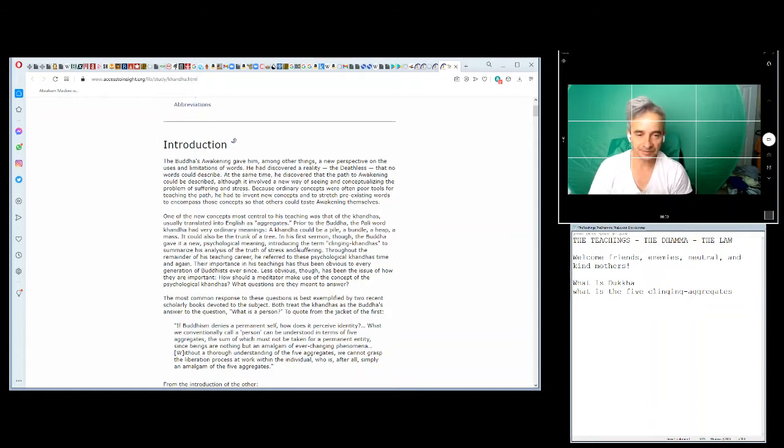So maybe an English word that we could use would be the word bunch. Give me a bunch of this. Or whatever. I guess it depends on what we're expressing. We might use a different word. Yes, whatever we gather.